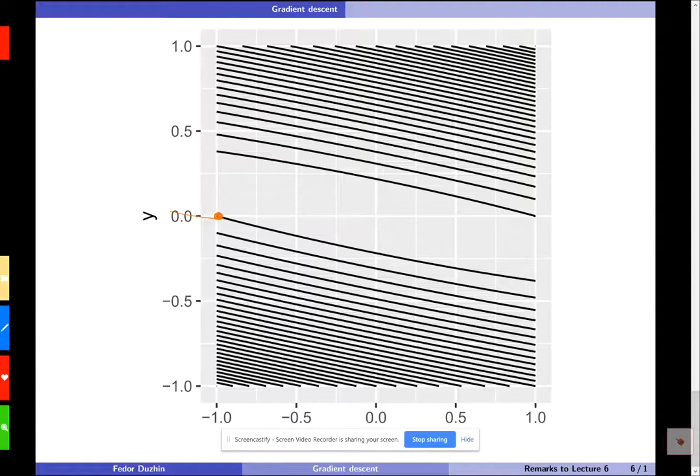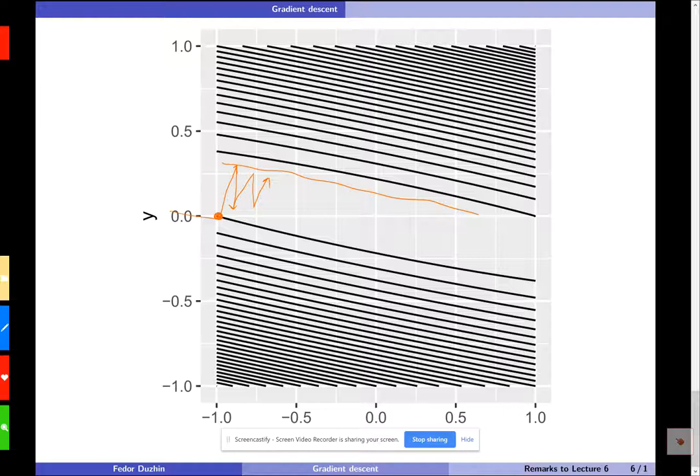If the step of our gradient descent is large, then the first step will move us from this point to this point. But then at this point we have another level curve, and we will move in the perpendicular direction backwards, and so on. So we will have the same effect as in the previous picture, but the effect is going to become even worse.